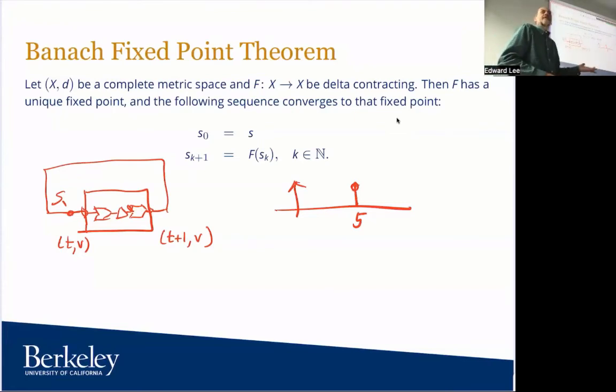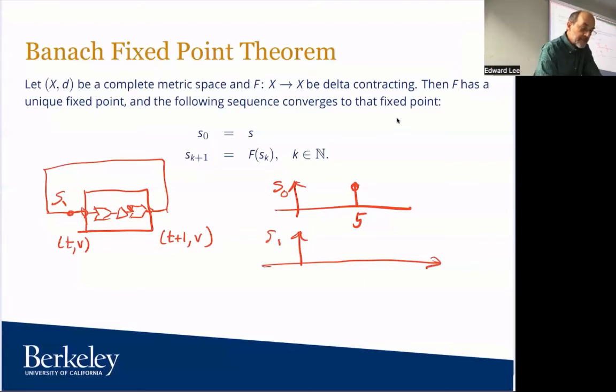We know that's not what it does, but how is the Banach fixed point theorem going to prove this to us? Well, the theorem says I just start with a wild guess and I apply the function to that wild guess. So I call this S, and I'll define this to be S0, and then S1 is the function applied to S0. So that's this signal delayed by 1.